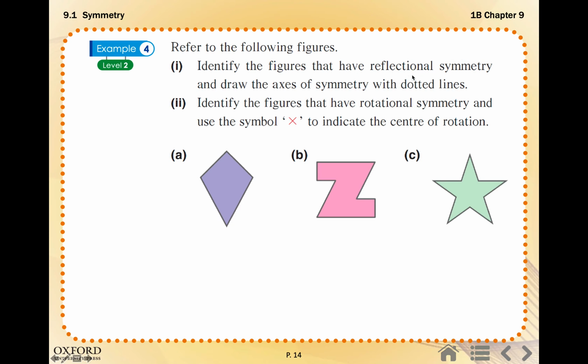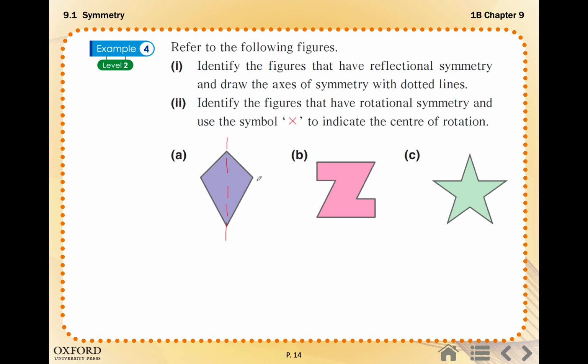For reflectional symmetry, that means if you draw a line, the axis of symmetry, and fold along the axis of symmetry, the two sides coincide completely. Then let's look at figure A, part A. I think you can draw the axis of symmetry easily, for example, here.